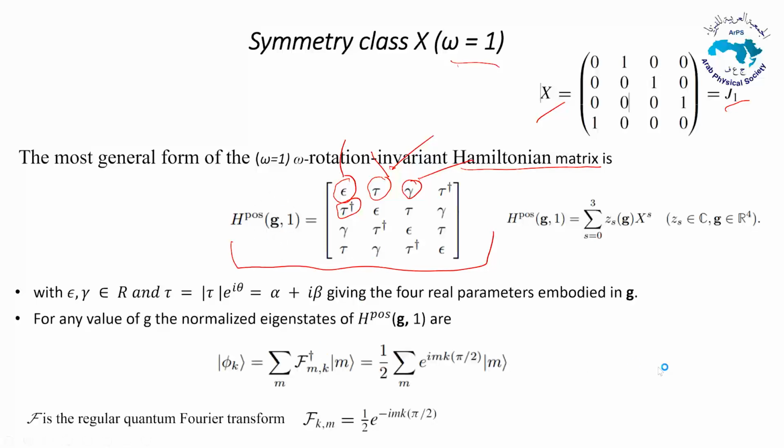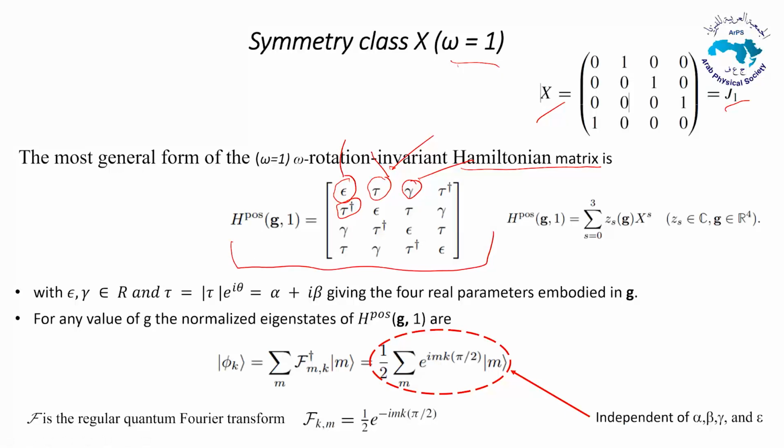And you know, as physicists, we always try to find the eigenenergy and the eigenfunction or eigenstate. If you calculate the eigenstate, it shows that this eigenstate has this form here, as you can see. And this is linked to the regular quantum Fourier transform. I don't want to enter into the mathematical details, but the most important thing to remember is that it is independent of these parameters, alpha, beta, gamma, and epsilon.